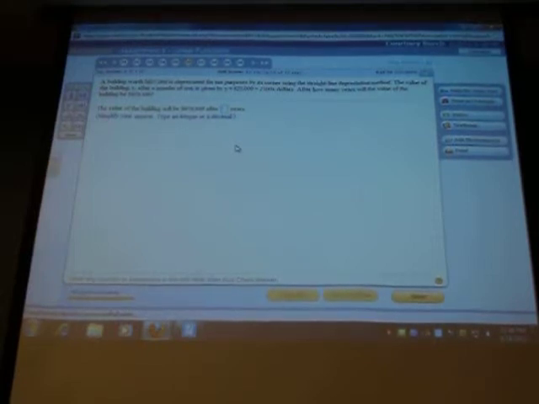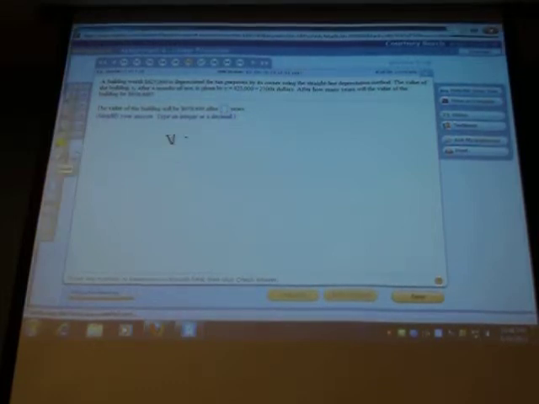The value of the building, Y. So they're telling me here that the value is Y after X months. So X is the number of months of use.